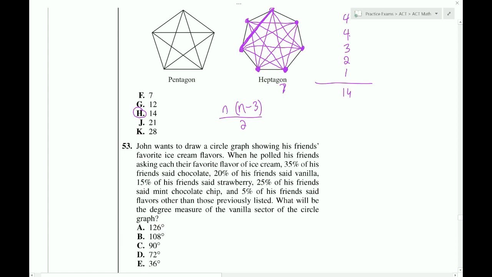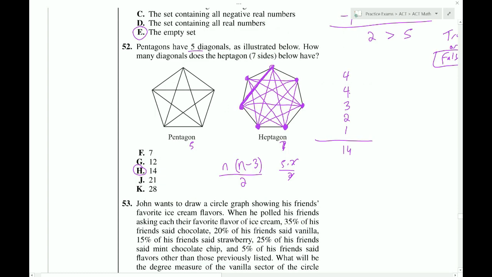So for the case of n equals 7, I would get 7 times 7 minus 3 is 4 over 2, 4 over 2 is 2, 7 times 2 is 14, so that works. For the case of n equals 5, I would get 5 times 5 minus 3 is 2 over 2, those cancel, so I would get 5 diagonals, and then 14. So it works for the 2 test cases that we've seen here.